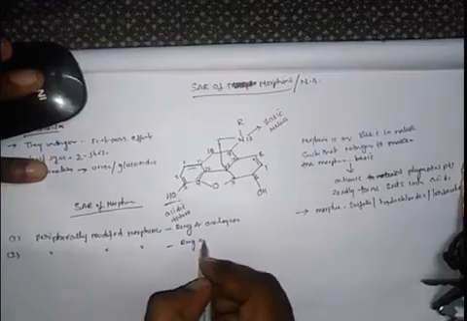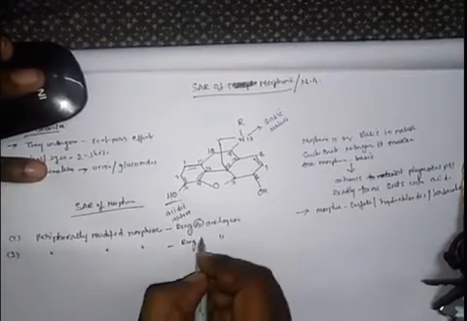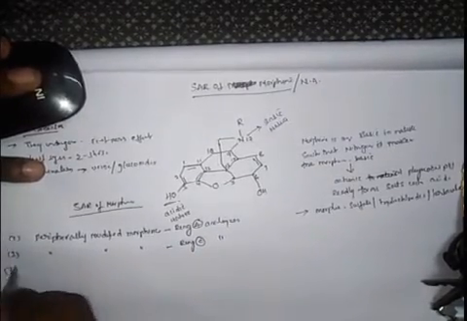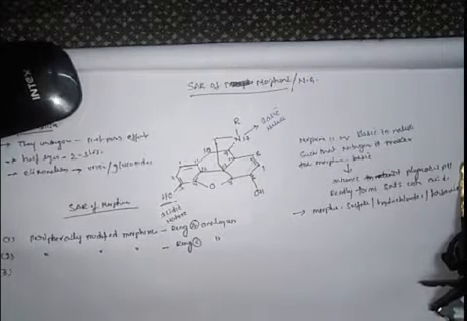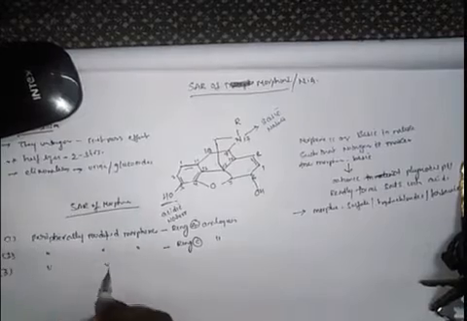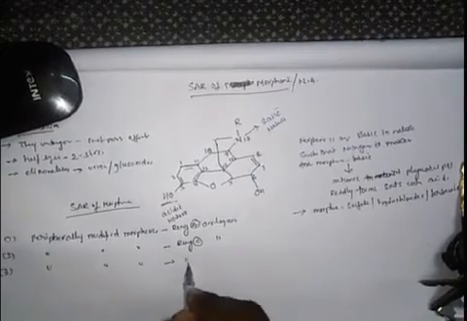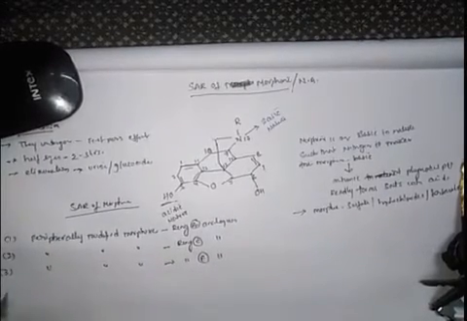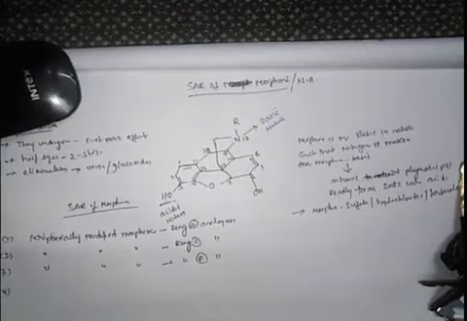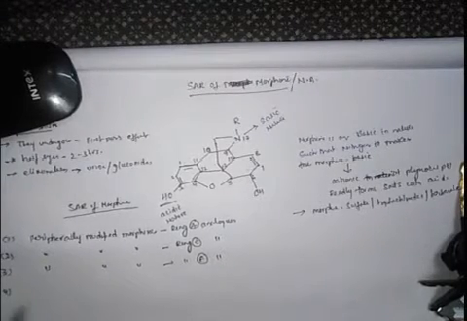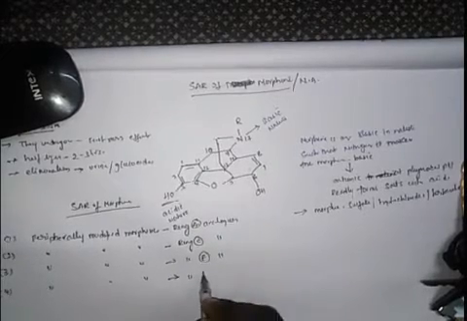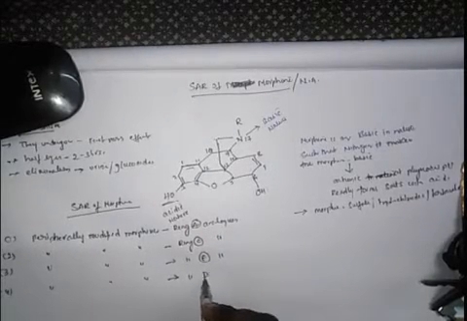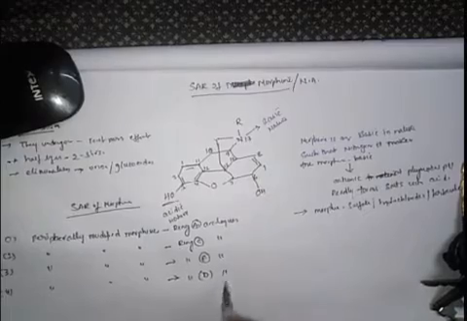The third subtopic is peripherally modified ring E analogs, and the fourth topic is peripherally modified morphine analogs, the ring D analogs.